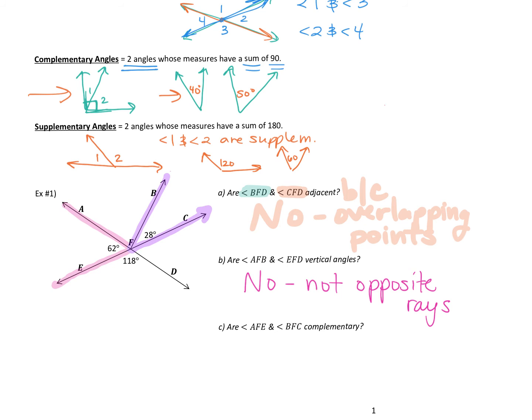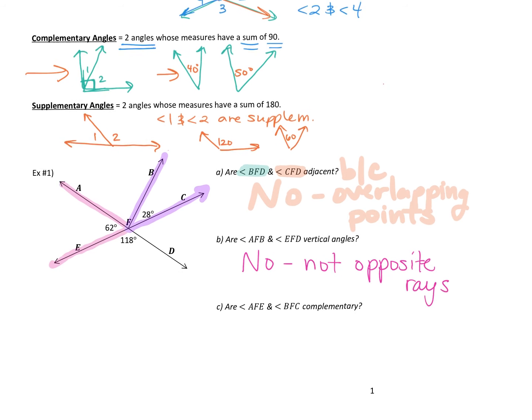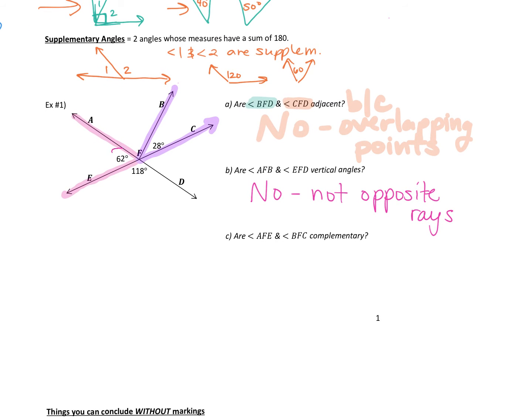What do you think? 62 and 28, is that complementary? Yes. If you take 62 plus 28, you get 90. So we would say yes, they are complementary. Any questions on that?